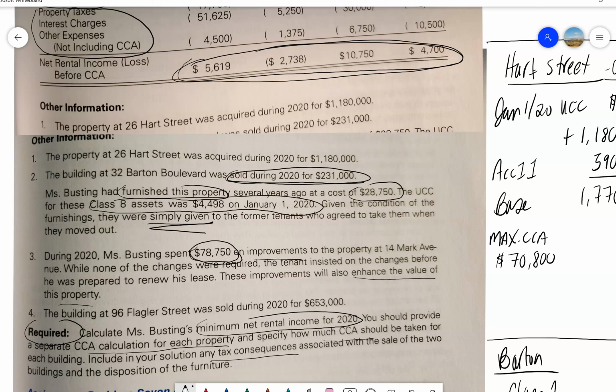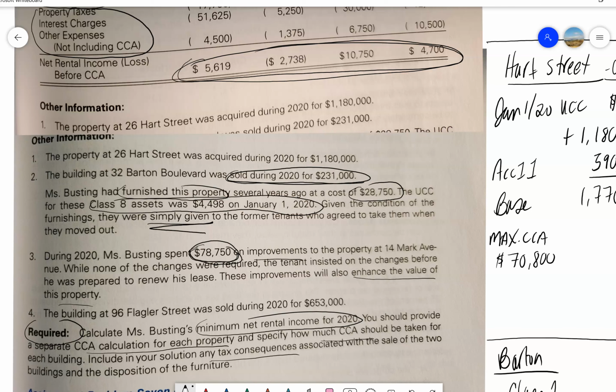As we learned in accounting, whenever you have an asset and you make changes to the asset, improvements that actually increase the useful life or value, we have to add it to the cost of the asset. The same thing for tax. So this $78,750 is going to be added to the Class 3 asset, and we get to take CCA on that.